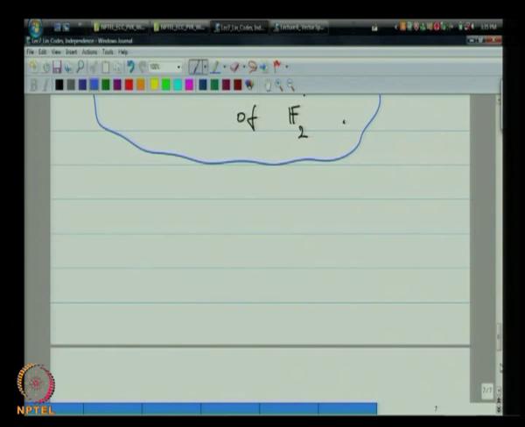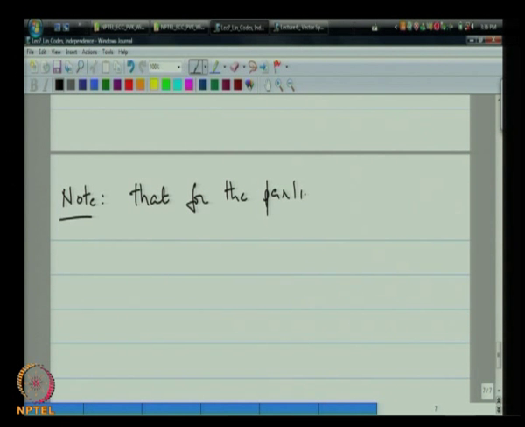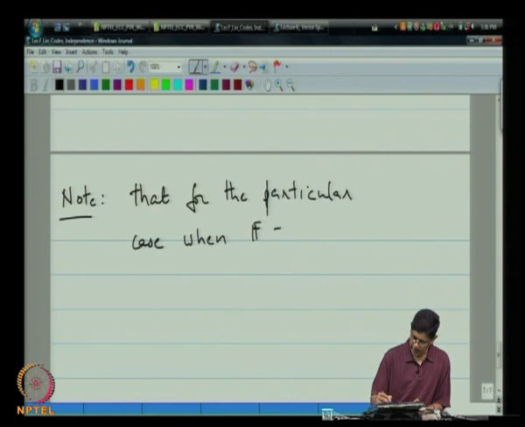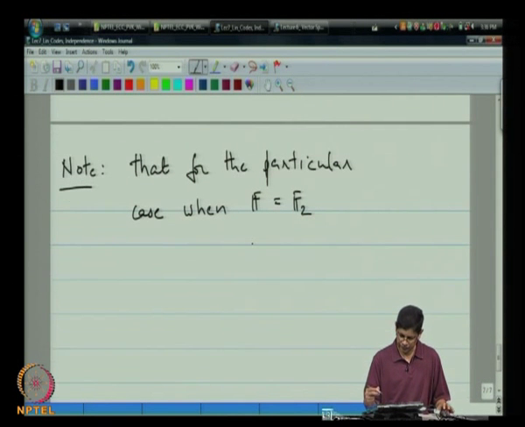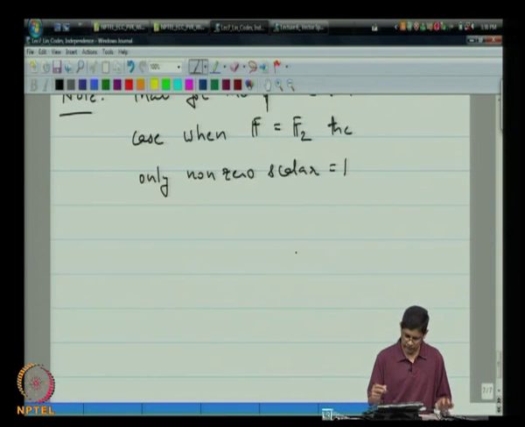I want to point out something here. Note that for the particular case when F is F2, the only non-zero scalar is equal to 1.